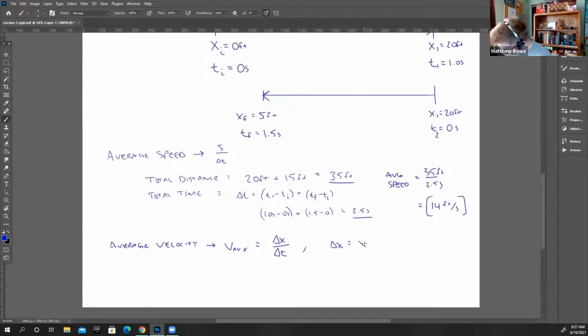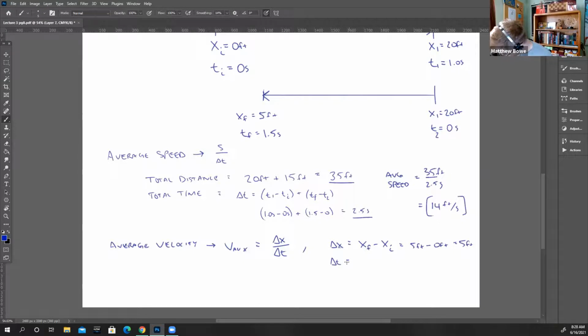I'm just going to say final minus initial. And that's sort of the interesting thing about this displacement, it only cares about where it stops and where it starts. So it stops at 5 feet and it starts at 0 feet. So delta x equals 5 feet.